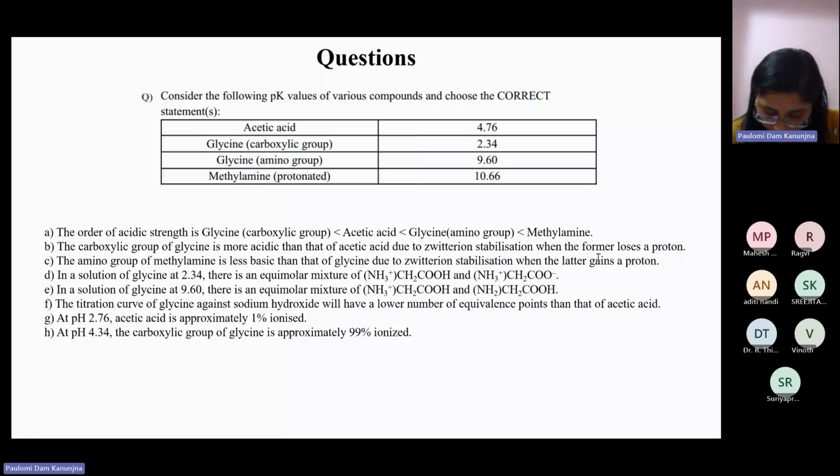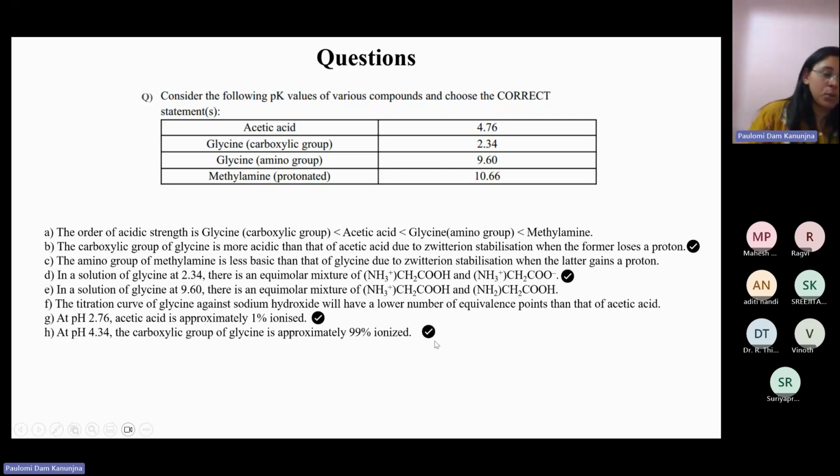G is correct. Okay, I see people have reached till G, so maybe I'll give the answers. And D and E are also correct. All right. Let me give the answers. You can see the answers. The correct statements are B, D, G, and H.